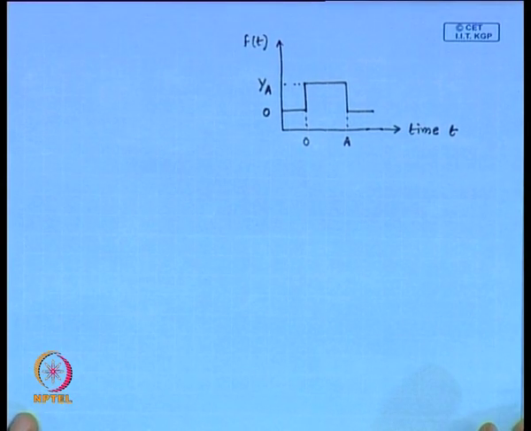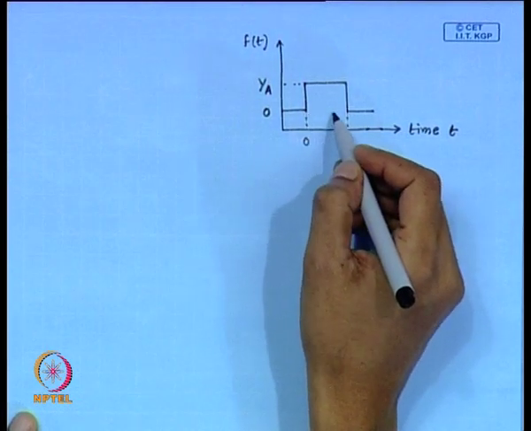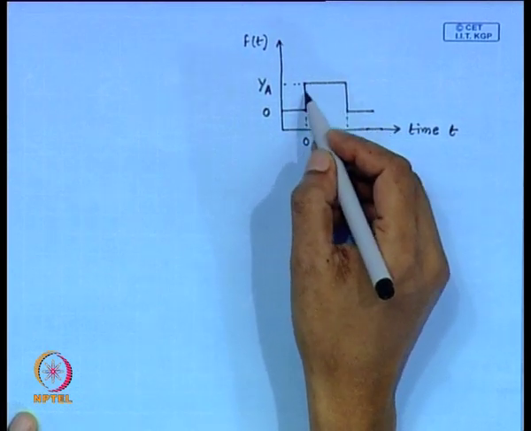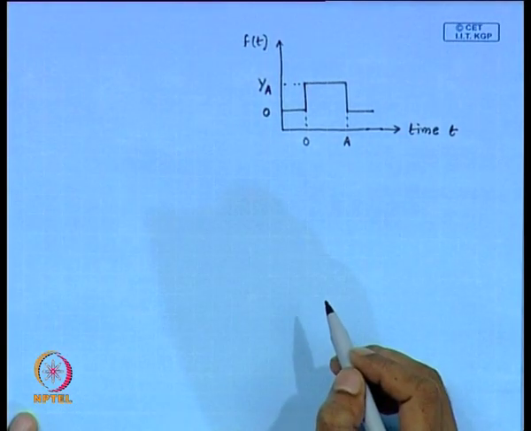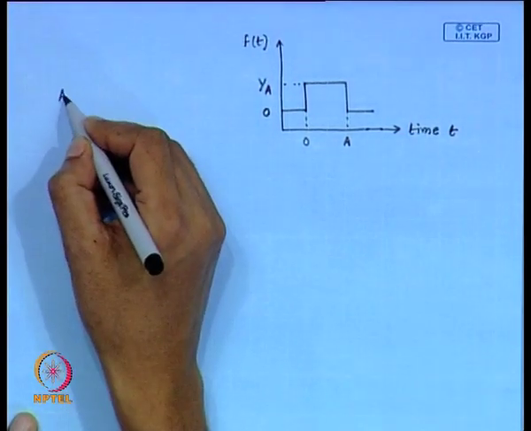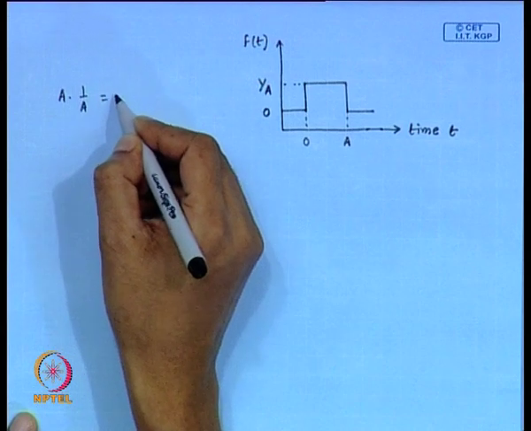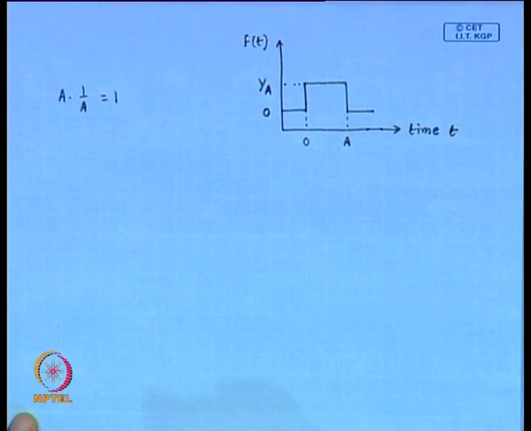Fine. So, what is the area? The area is a multiplied by 1 by a, that equals 1, and this is called the unit pulse function.